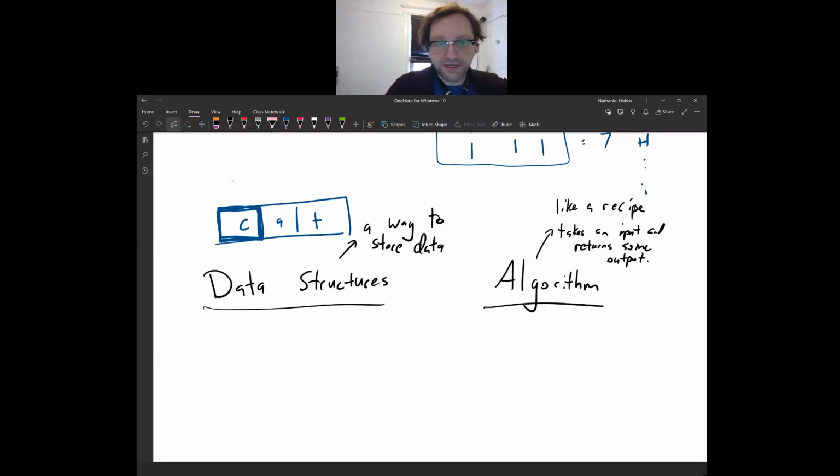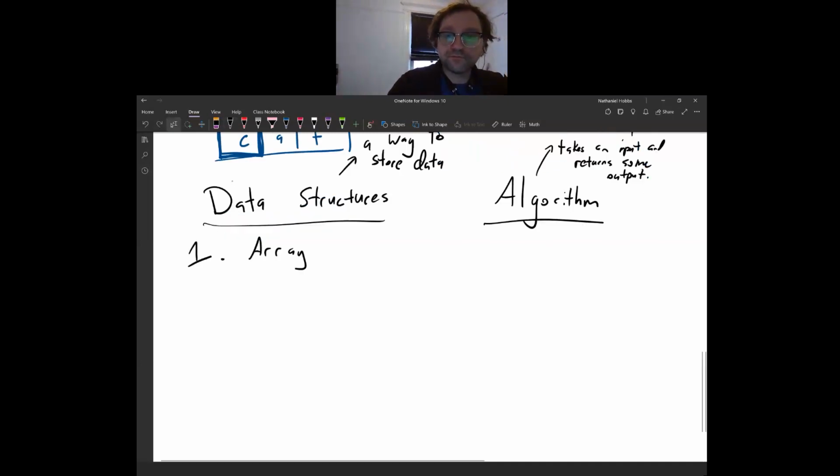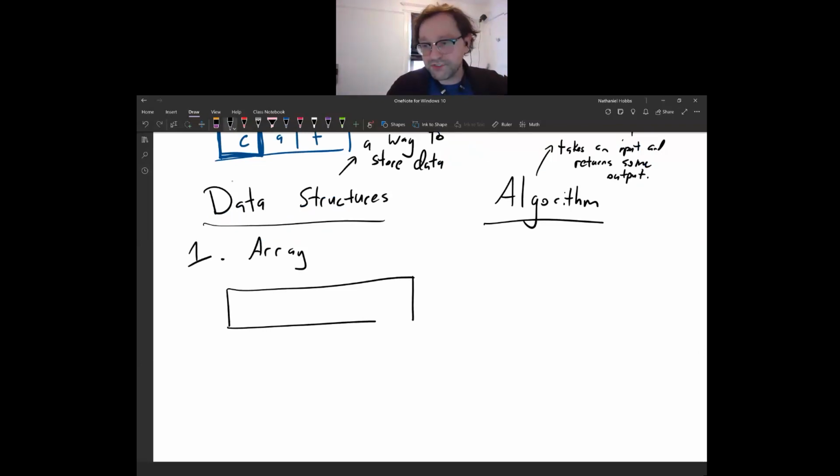The first type of data structure that we're going to talk about is an array. Okay. So an array is usually drawn like a rectangle with a bunch of cells.